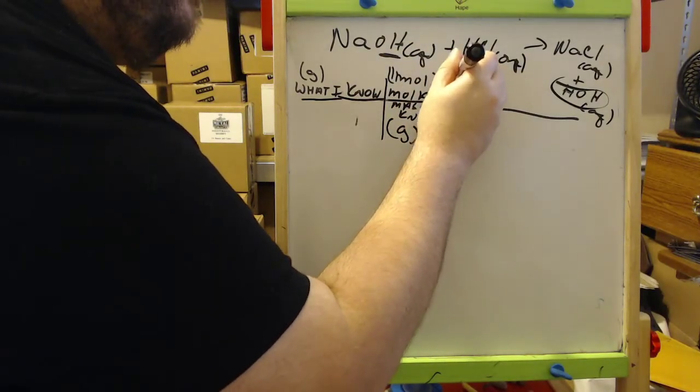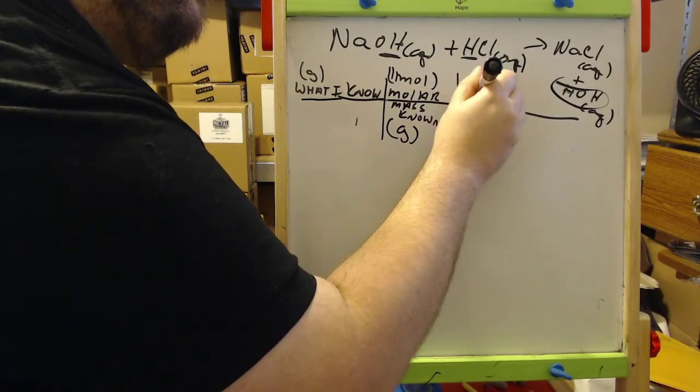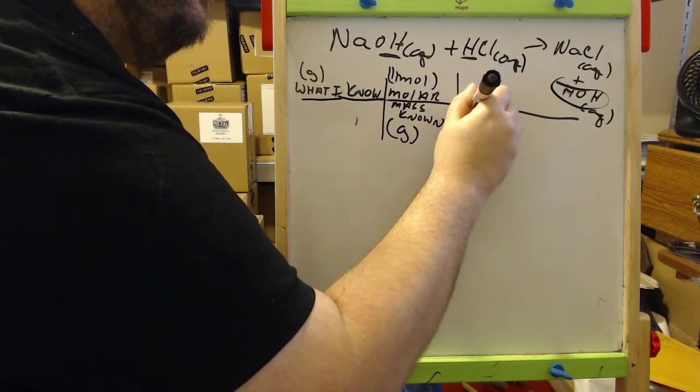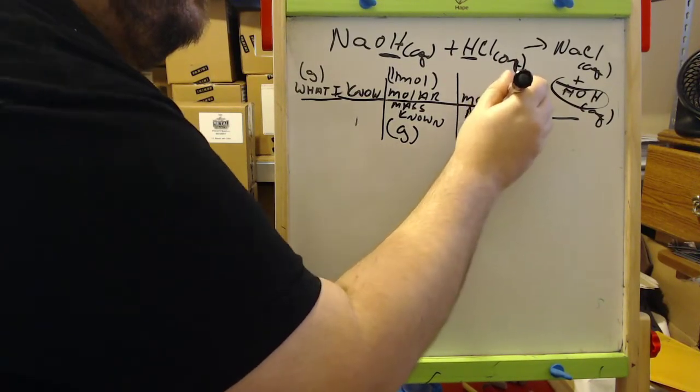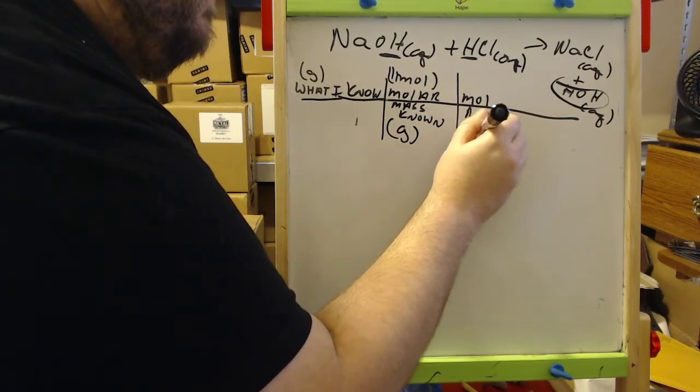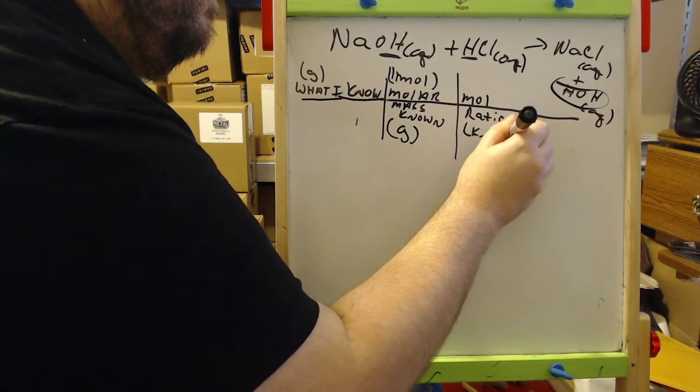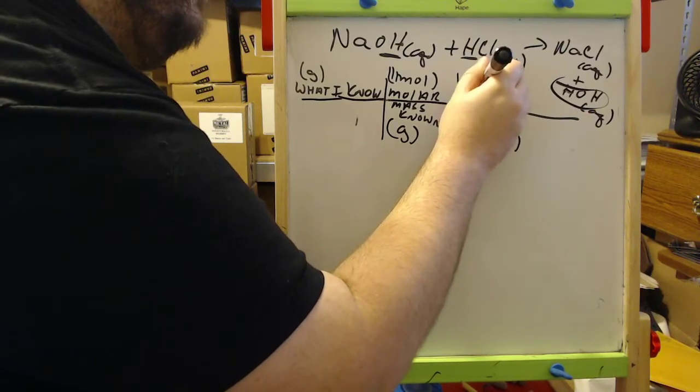Then we did the mole ratio from our balanced equation, known on the bottom and the want on the top.